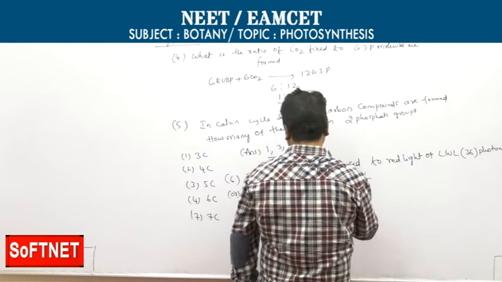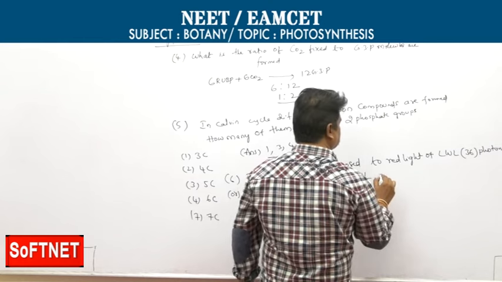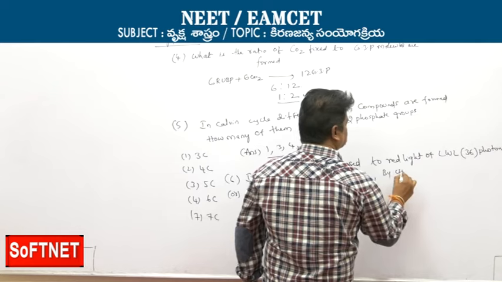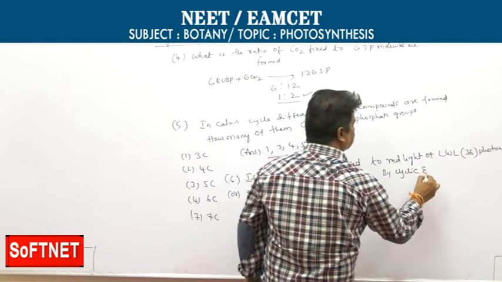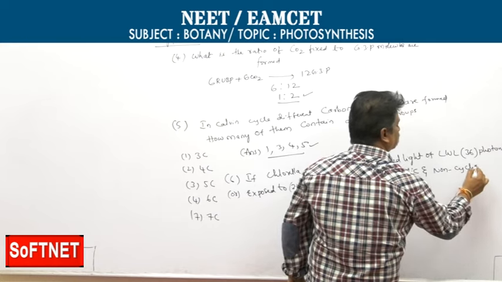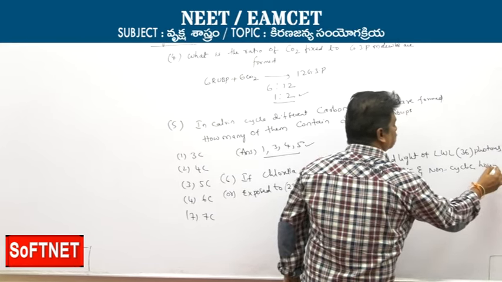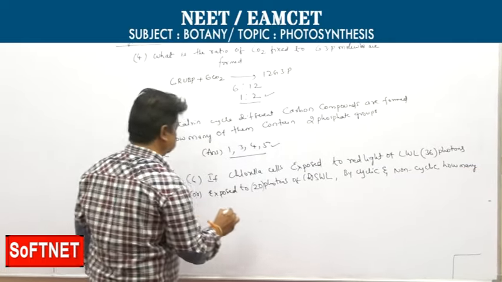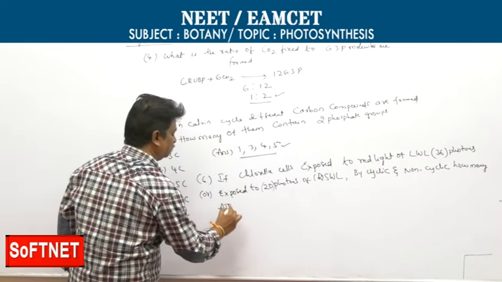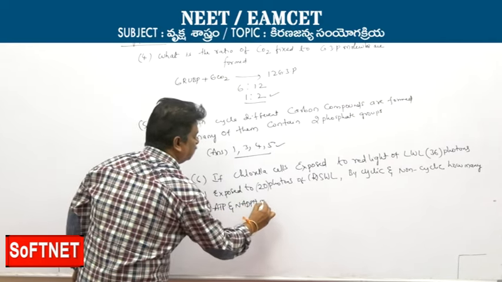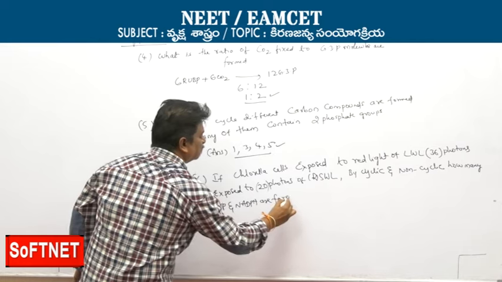How many? 20 photons. By cyclic and non-cyclic, how many ATP and NADPH are formed?